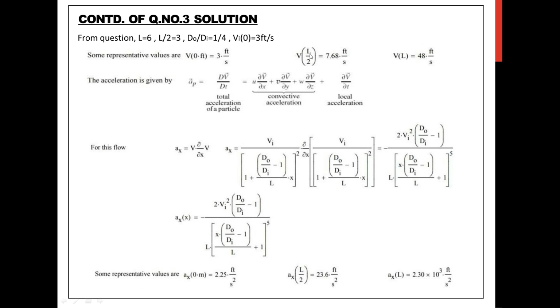When x equal to 3, that is L by 2, velocity will be equal to 7.68 feet per second. At L, that is x equal to 6, putting all the values of d, di, vi, L etc., velocity VL will be equal to 48 feet per second. Now we have to find acceleration.